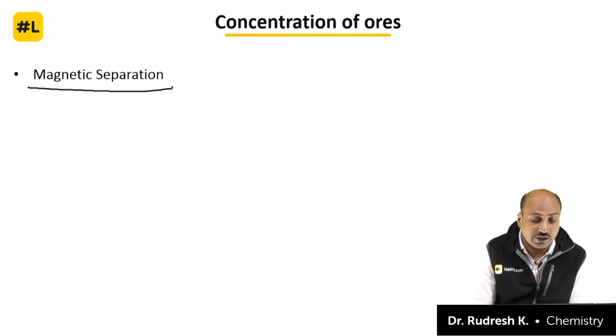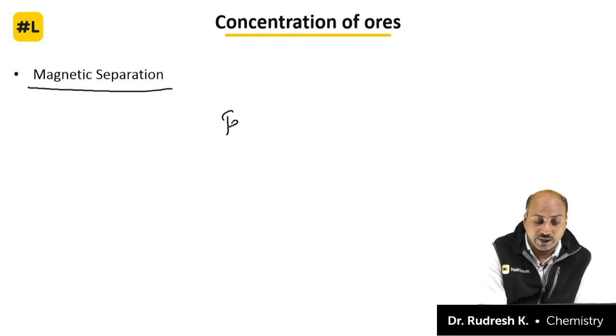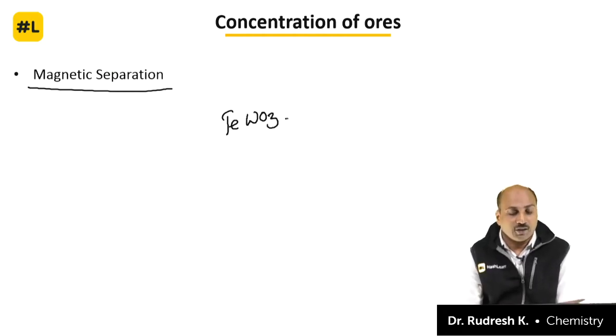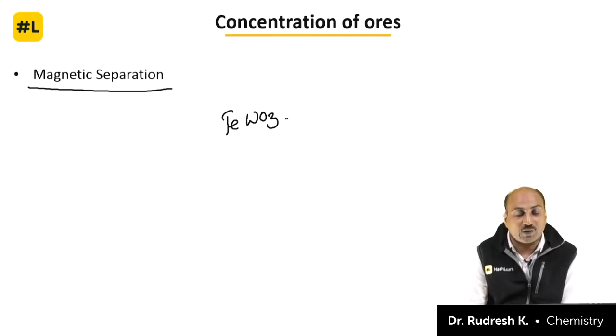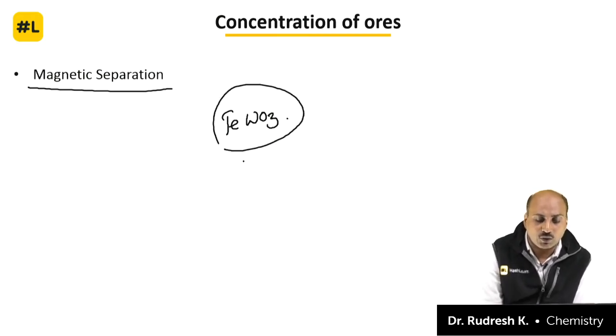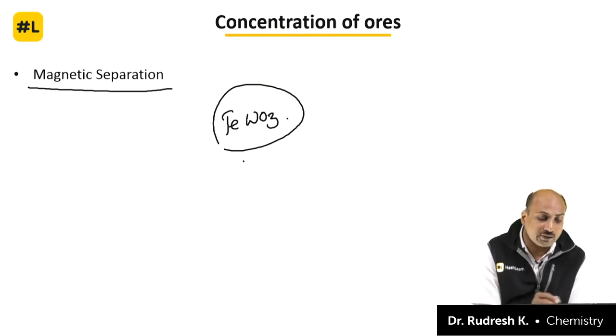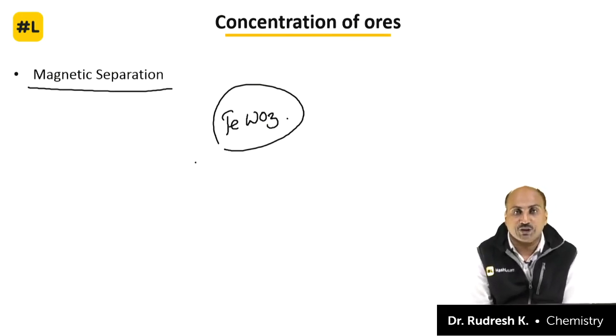For example, FeWO3. This is iron tungstate, which is one of the ores employed for the magnetic separation technique.